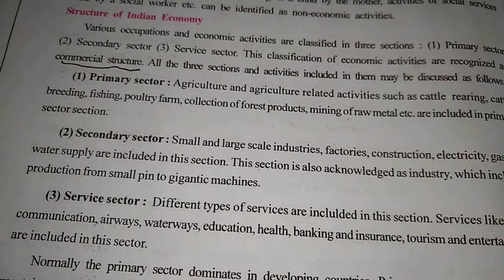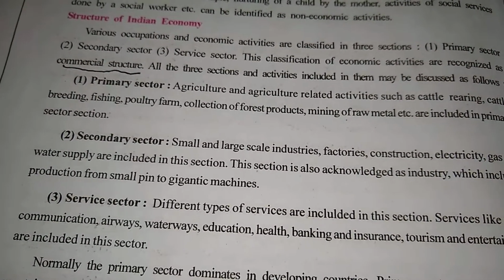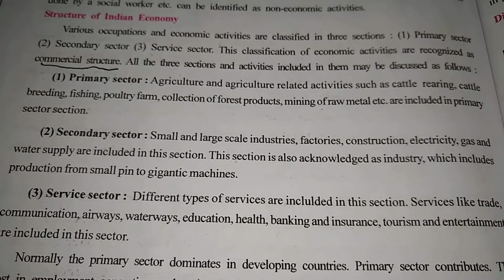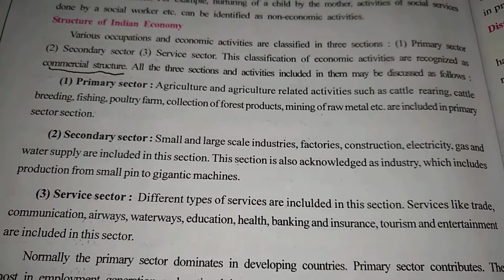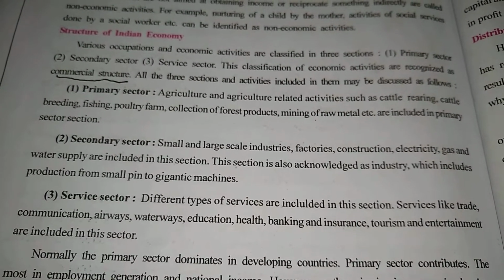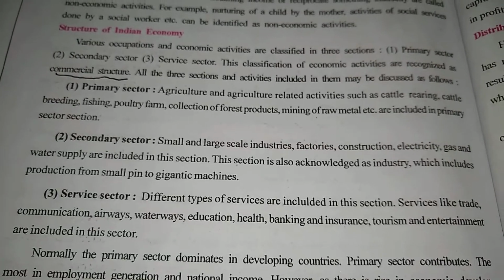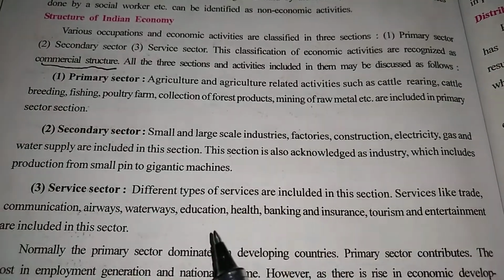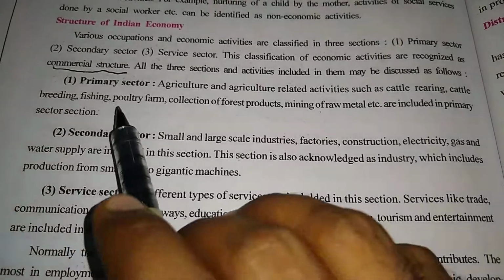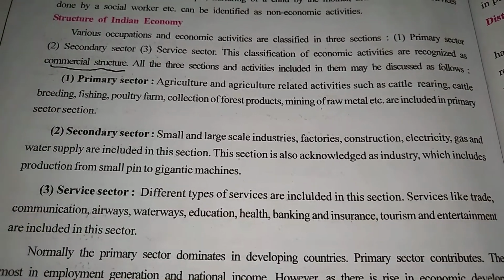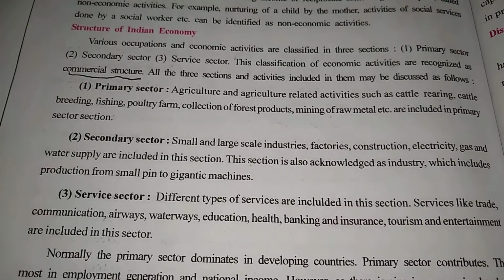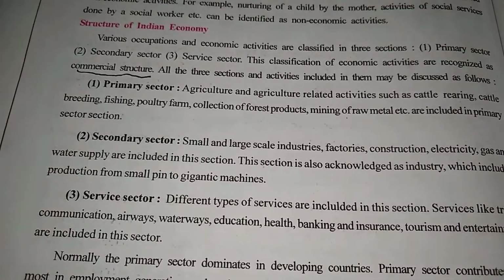Now, students, how do we understand that a particular activity is primary sector? Those activities are directly dependent on nature. That means you are able to obtain the product directly from nature. For example, forest products you receive from nature, and fishing you receive from nature directly. So those activities which directly depend on nature, the majority come in the primary sector.